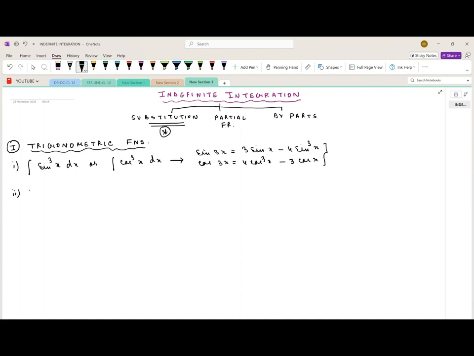Second is, suppose you have sine 4x dx or cos 4x dx.